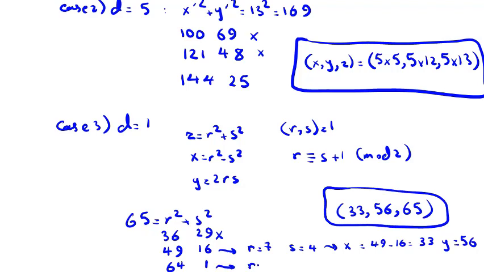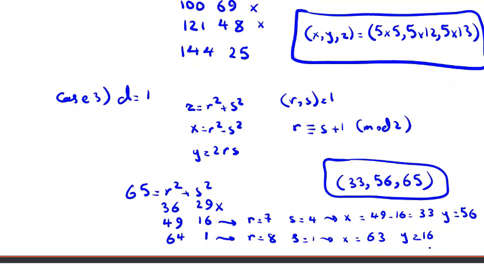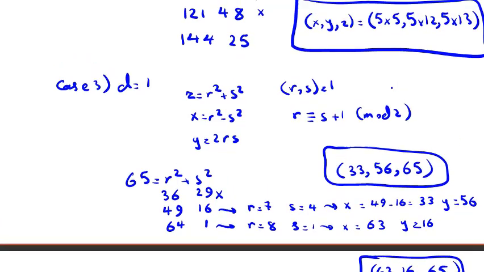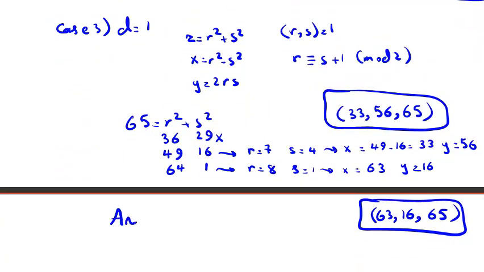So if we consider this one, r will be 8, s will be 1, so x equals r squared minus s squared, 63, and y equals 2rs, which is 16. So here, if I want to write the answer for this case, it will be 63, 16, and 65. So let's count. How many answers do we have? 1 here, 2 here, 3 here, 4 here. So the answer of this problem equals 4.